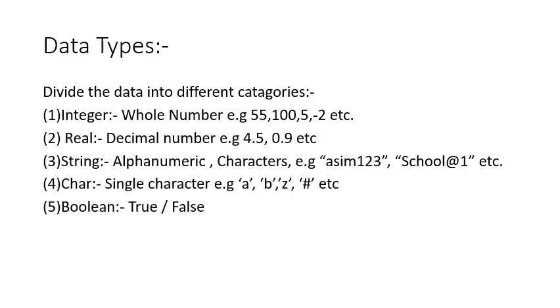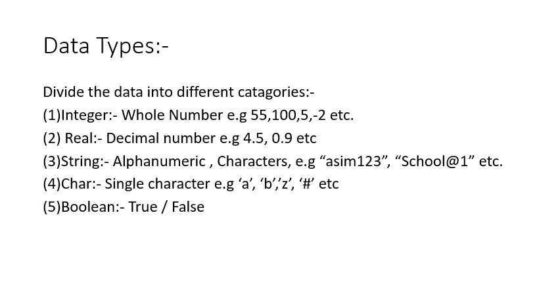CHAR means a single character, A, B, C, hash, etc. If you want to represent one character, you need to write CHAR. Boolean means true or false, on or off.